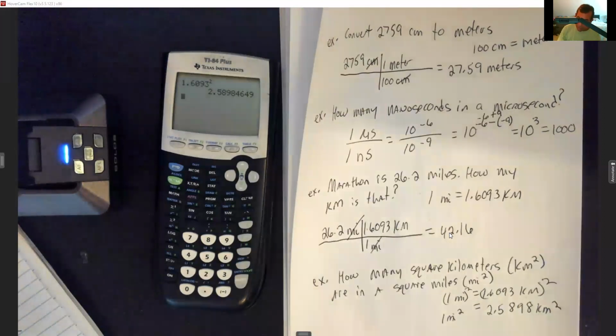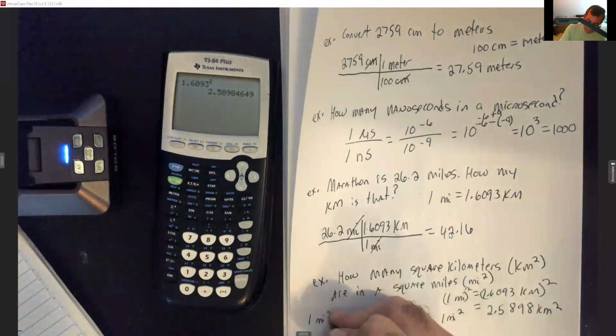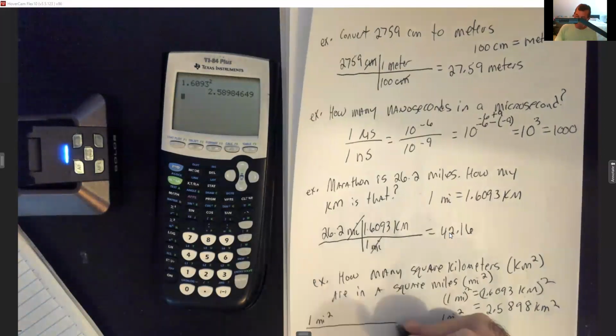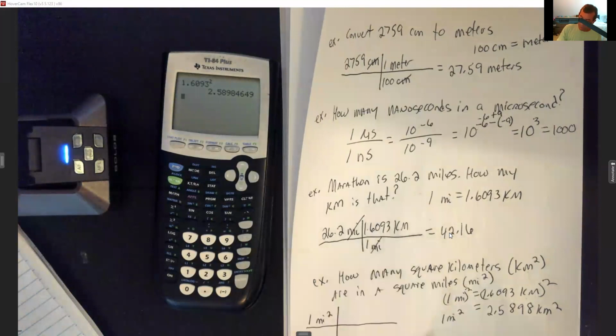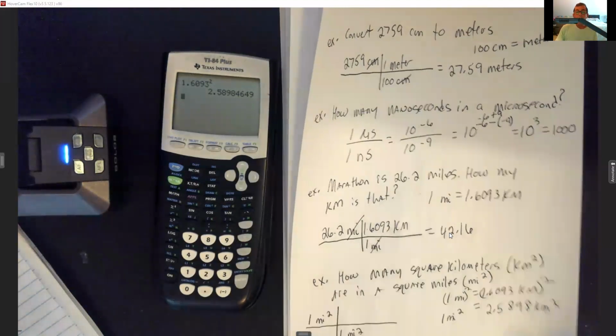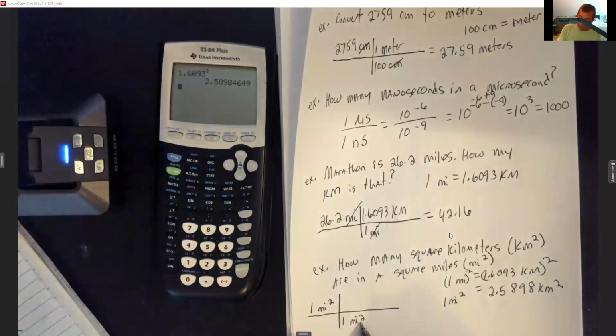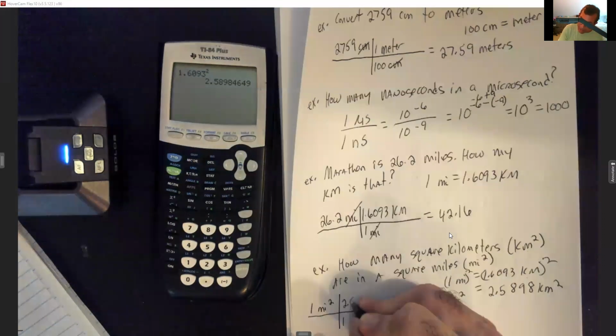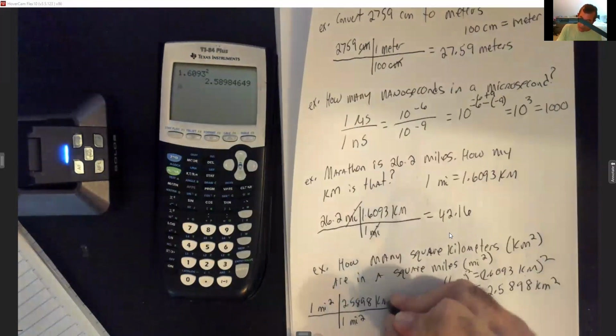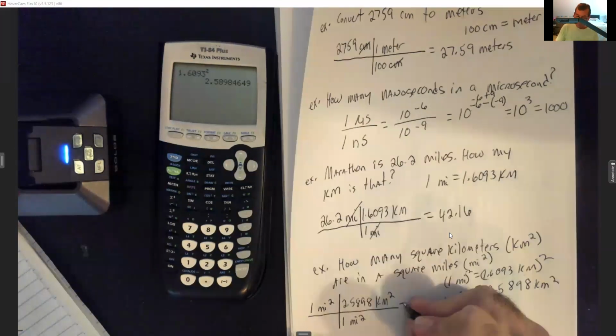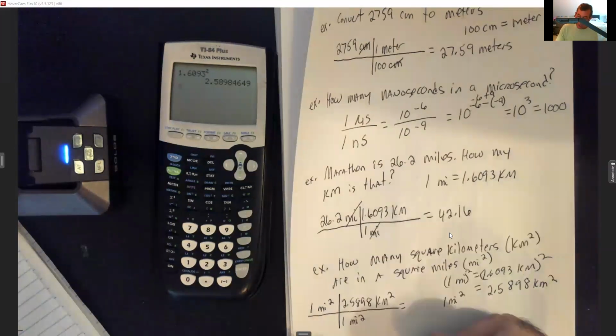So we're starting with a square mile. So 1 mile squared. Right here we've got a conversion: 1 mile squared equals 2.5898 kilometers squared. So when we're done, our answer will be kilometers squared.